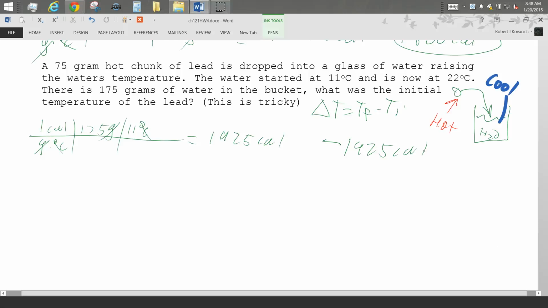So what was the lead specific heat? 0.038 calories per gram degree C. So what I need is that degree C in that specific heat, because that degree C is the change in the temperature of the lead. So I'm going to write grams degrees C divided by 0.038 calories.